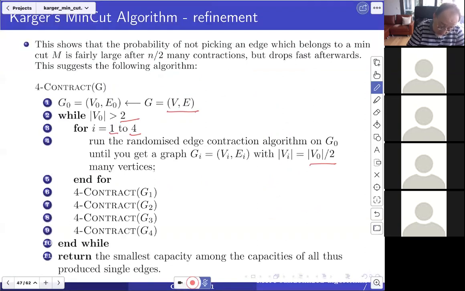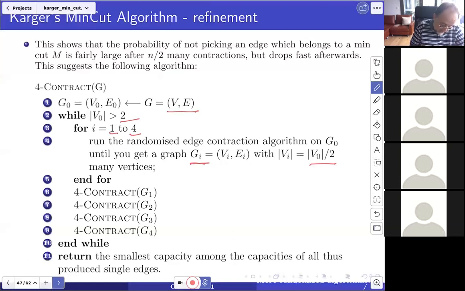And you denote by G_i, where i goes from 1 to 4, the resulting graph. Then you recursively call the very same algorithm we are defining on all 4 graphs. And then you return the smallest capacity among the capacities of all thus produced single edges at the very end.